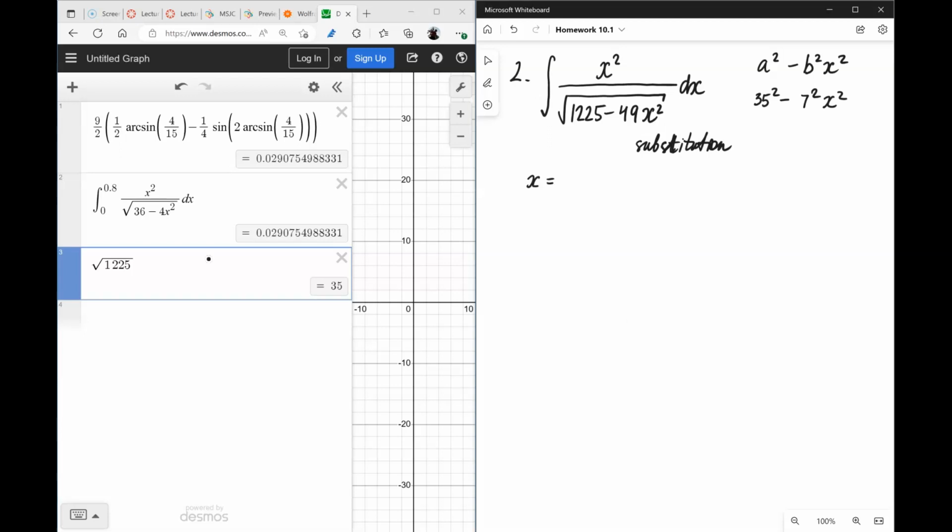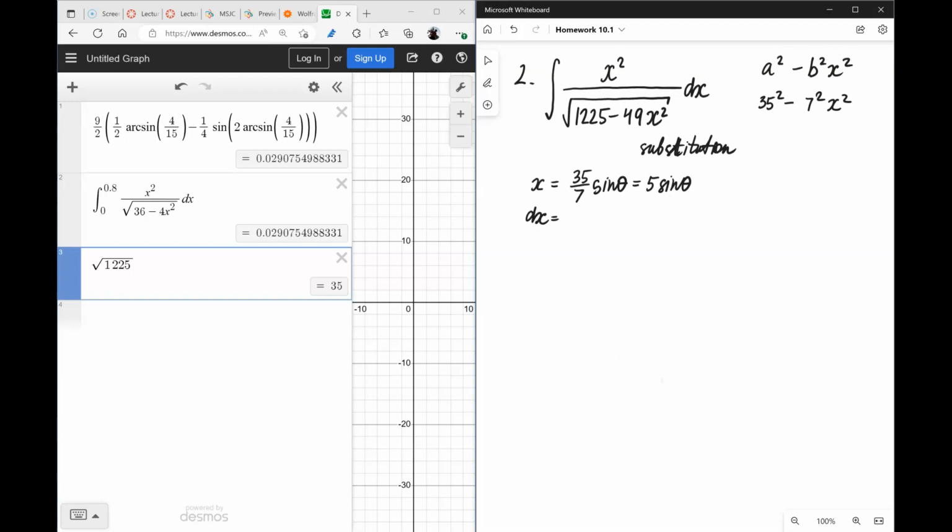X will be equal to 35/7 sine theta. So 35/7 is 5. And dx will be equal to 5 cosine theta d theta.